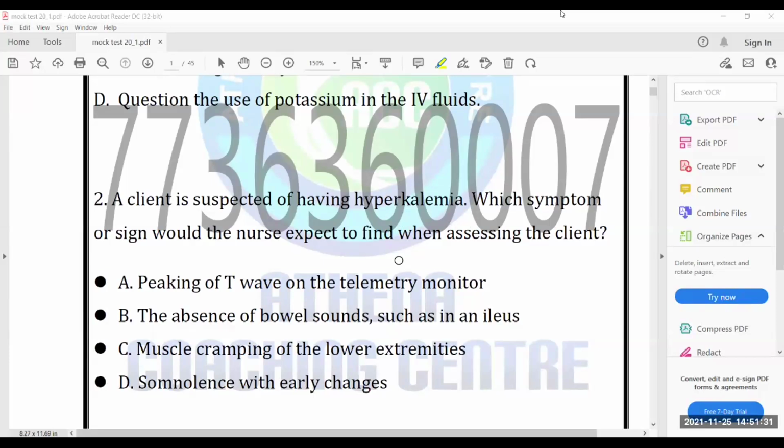What is hyponatremia? It is decreased sodium. What are the signs and symptoms of hyponatremia?